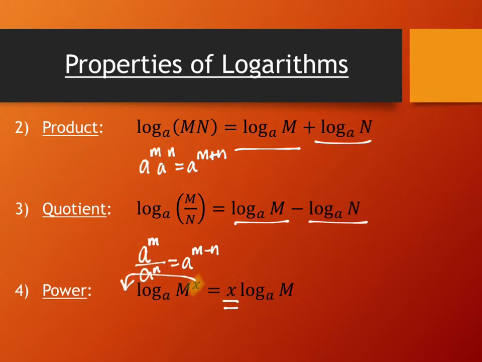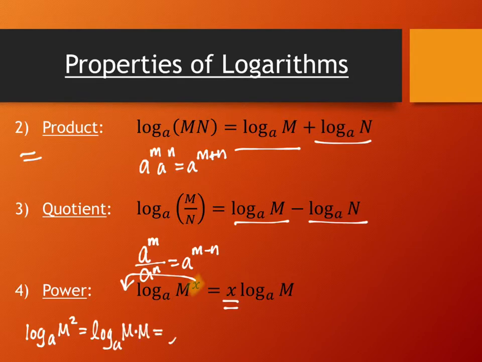But let me just do a real simple example of why that should make sense based on the property that is number 2 up here. If you had log base a of m squared, I'm just going to use m squared, that is the same thing as m times m.